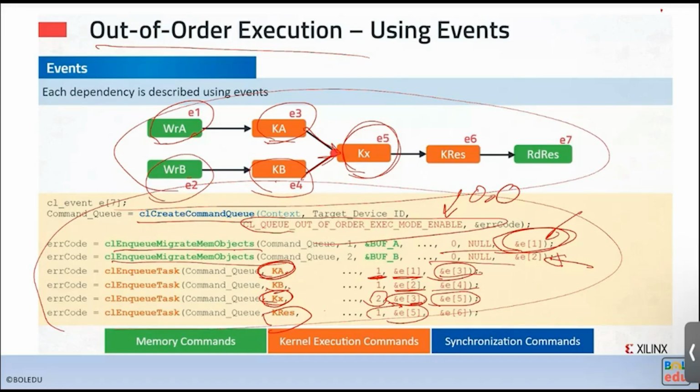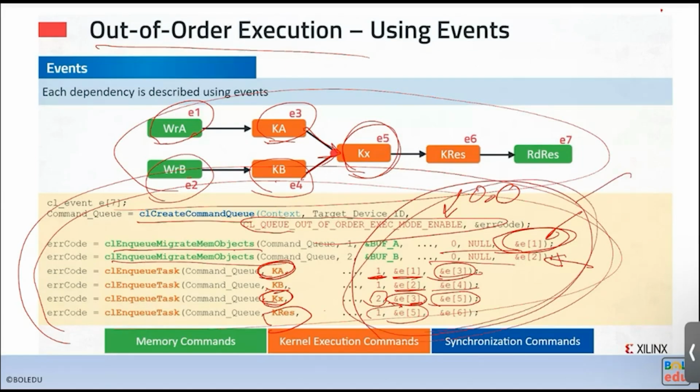So you use the last three arguments to specify a dependency graph. And the XRT kernel scheduler will follow the dependency to schedule or trigger the kernel function accordingly.